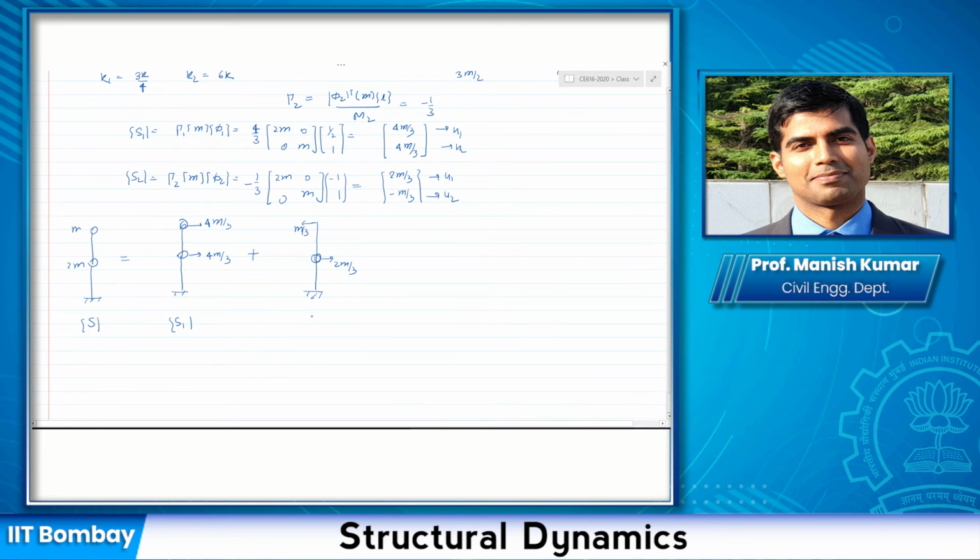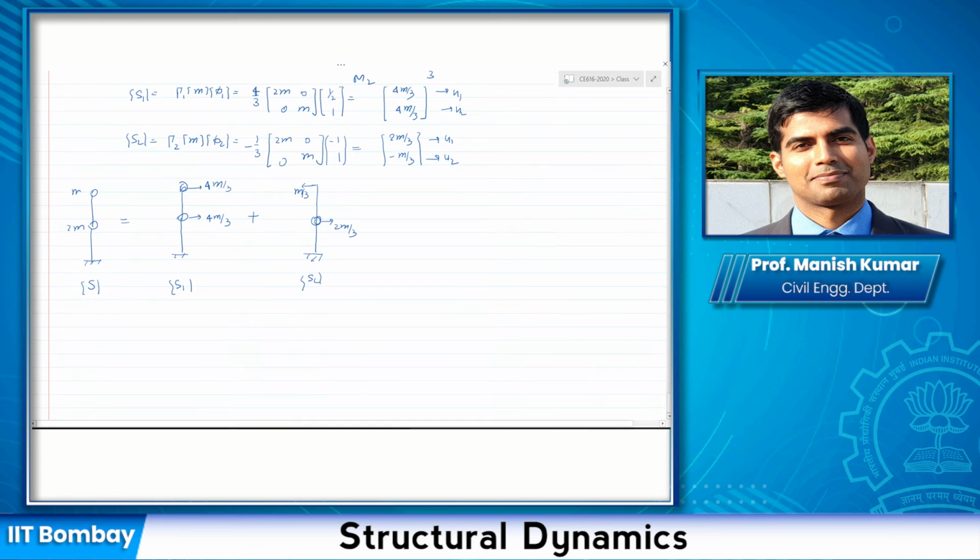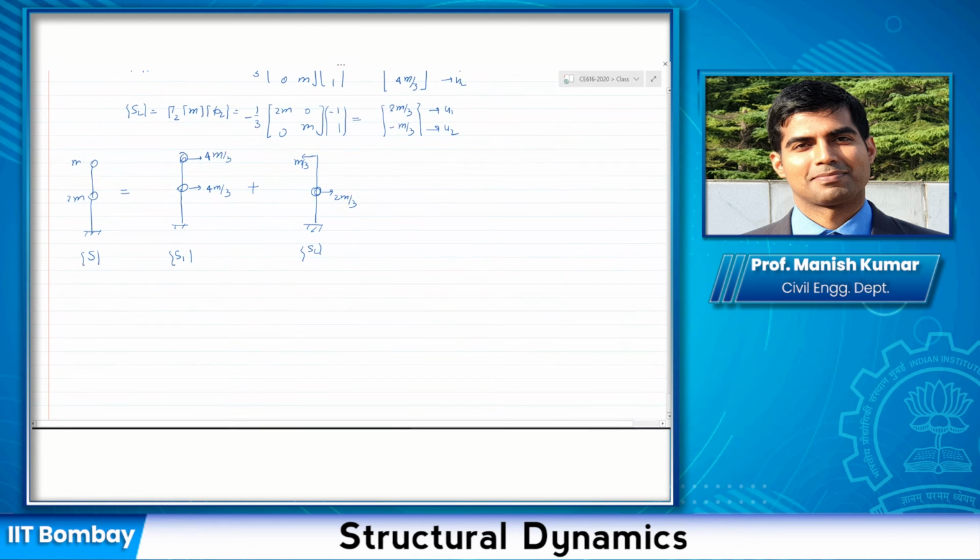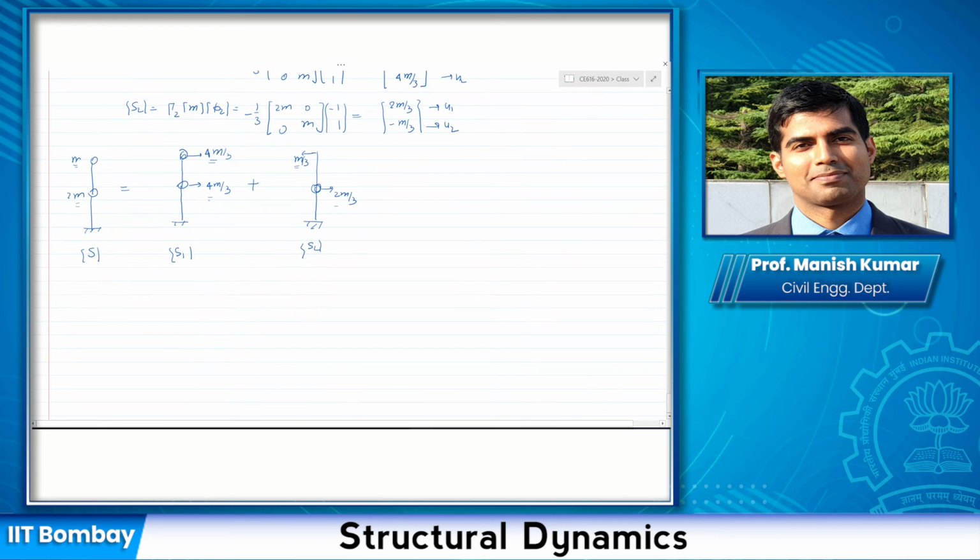This is S2. If you sum this up, 4m by 3 minus m by 3 becomes m. And 4m by 3 plus 2m by 3 becomes 2m, which is this.